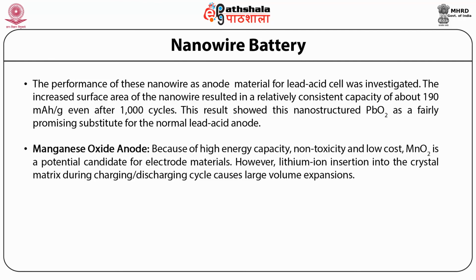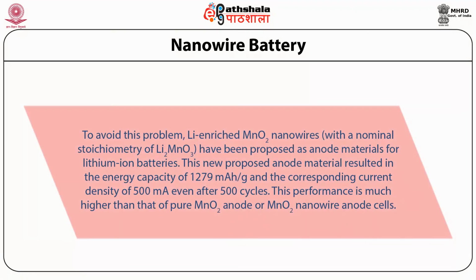The next one is the manganese oxide anode. Because of high energy capacity, non toxicity, and low cost, MnO2 is a potential candidate for electrode materials. However, lithium ion insertion into the crystal matrix during the charging discharging cycle causes large volume expansions. To avoid this problem, lithium enriched MnO2 nanowires have been proposed as anode materials for lithium ion batteries.